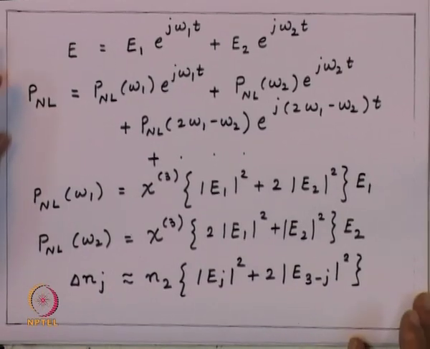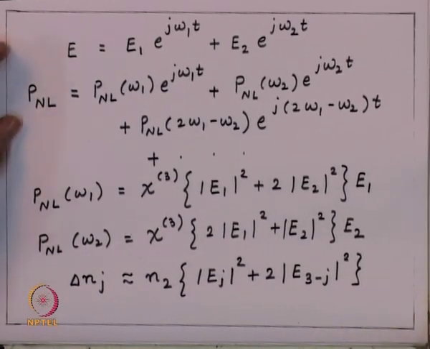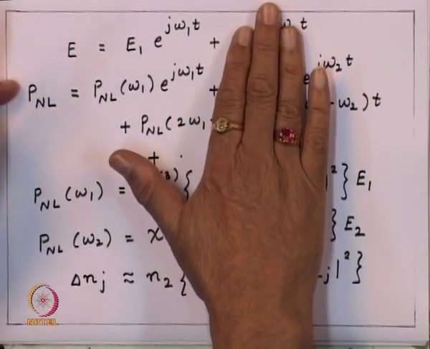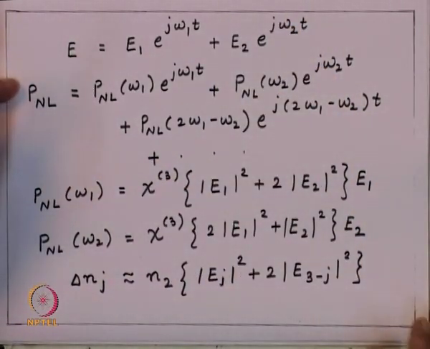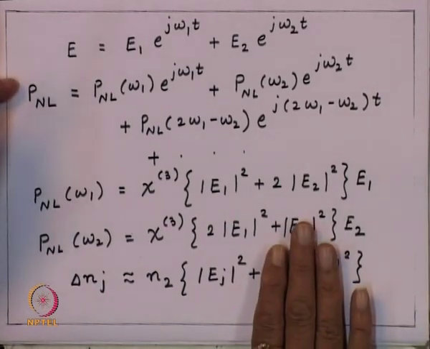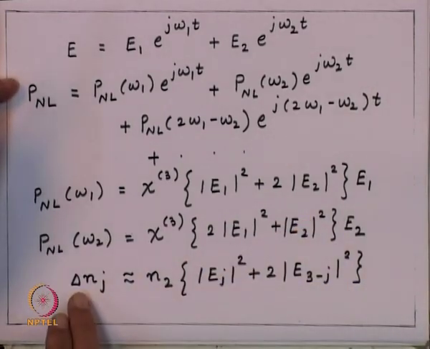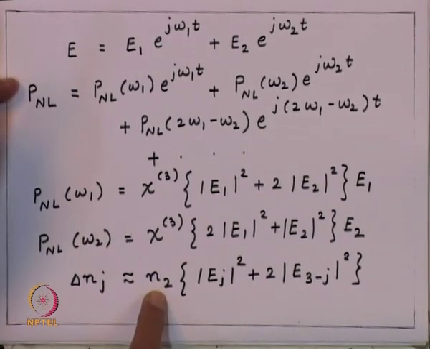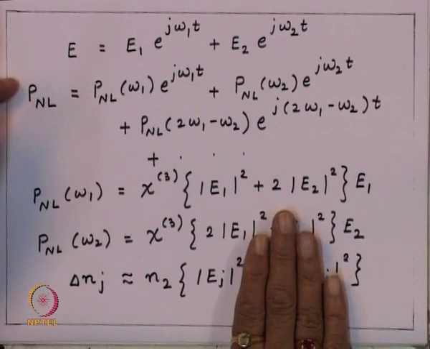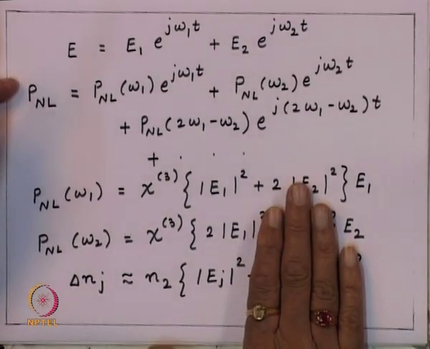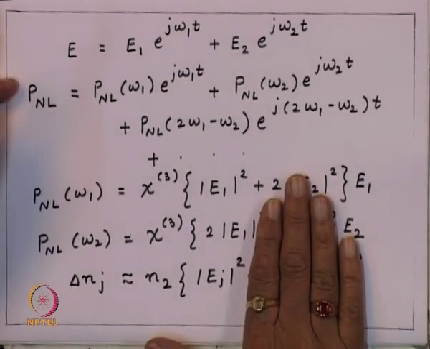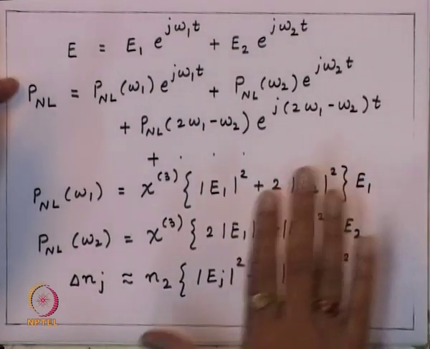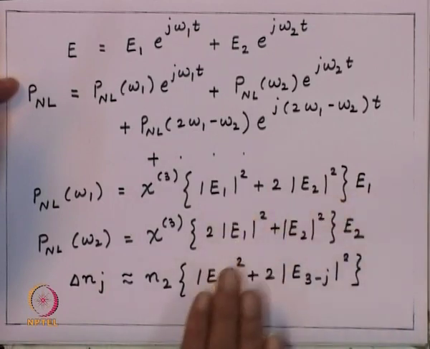Now, note here that when we had only one frequency, that means let us say E2 was equal to 0, only one frequency is propagating, that time this quantity will be equal to 0, and then we get the change in refractive index, which is the nonlinear coefficient times E1 square. That is the Kerr nonlinearity analysis which you have done when we derived the nonlinear Schrodinger equation, considering only this term.